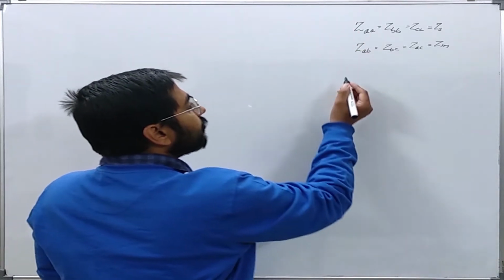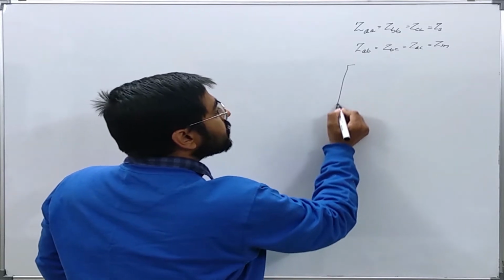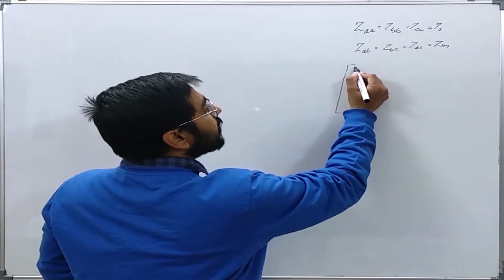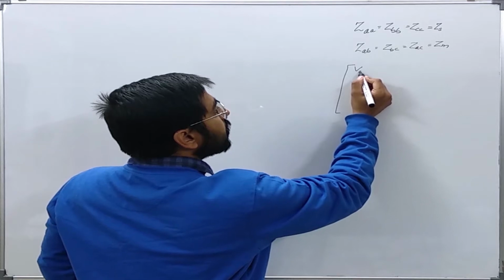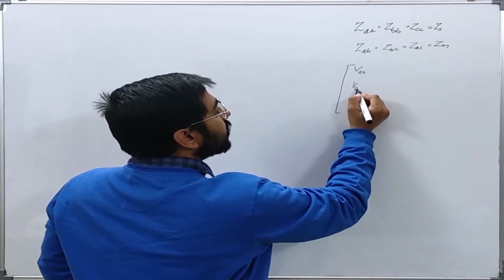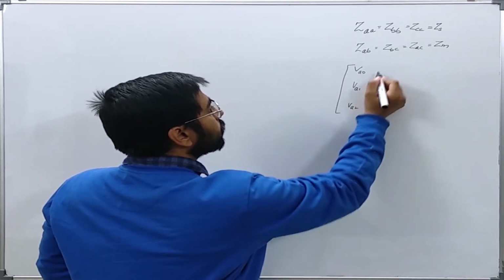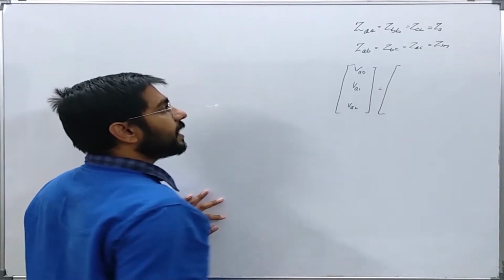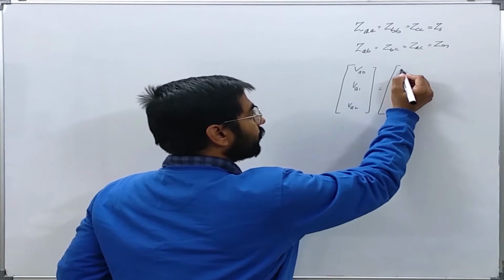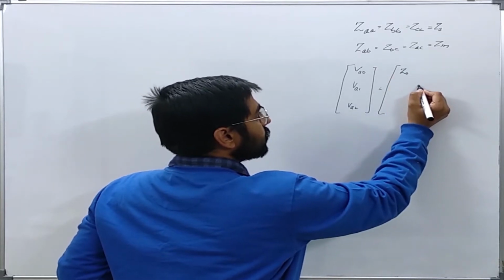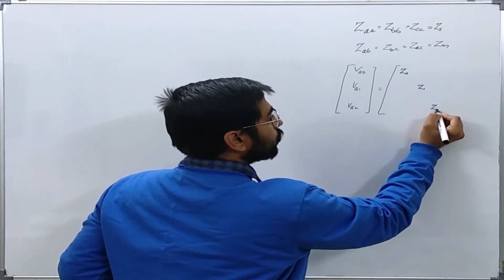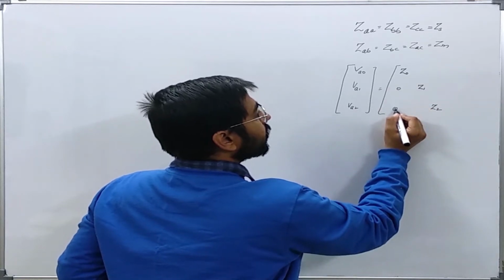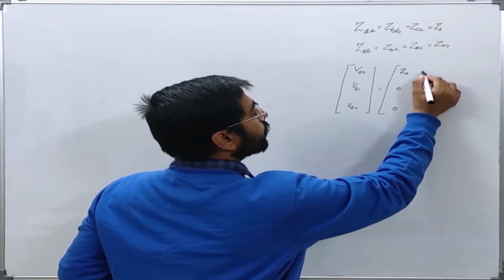It means that we can represent the sequence matrices. Let us say this is VA0, VA1, VA2. Now I can represent these impedances in equivalent form where it will be Z0, Z1 and Z2, and all other entries will be 0.